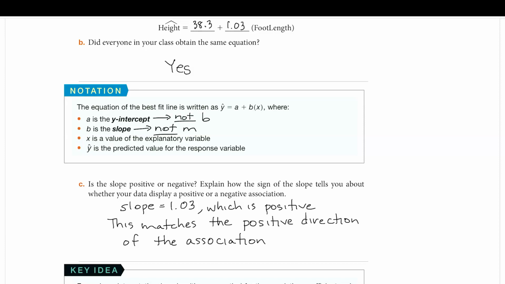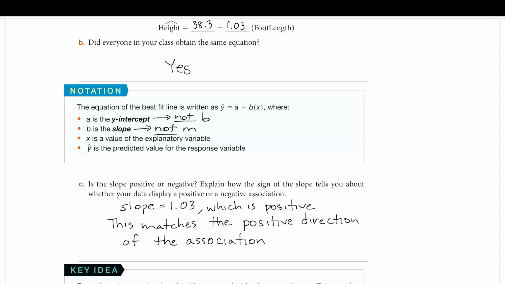So hopefully, you remember from your algebra days that when the slope of a line is positive, that means the points go up from left to right. That is what we mean when we have a positive association. If the slope were negative, then the line would go down from left to right, which is what we were talking about when we have a negative direction of our association.